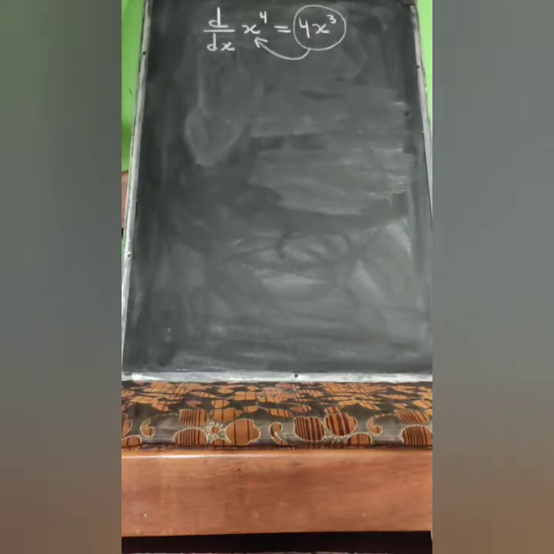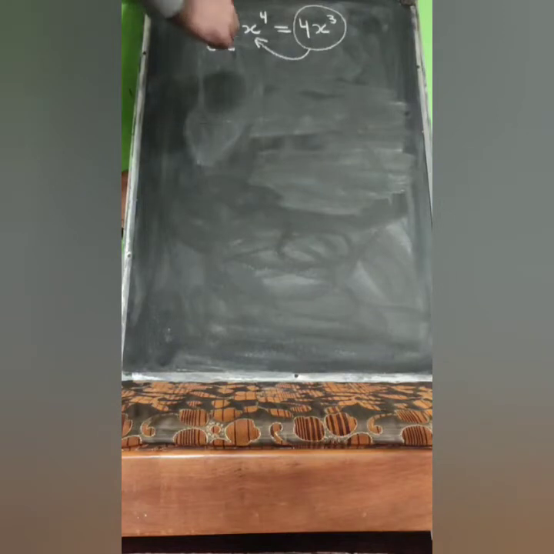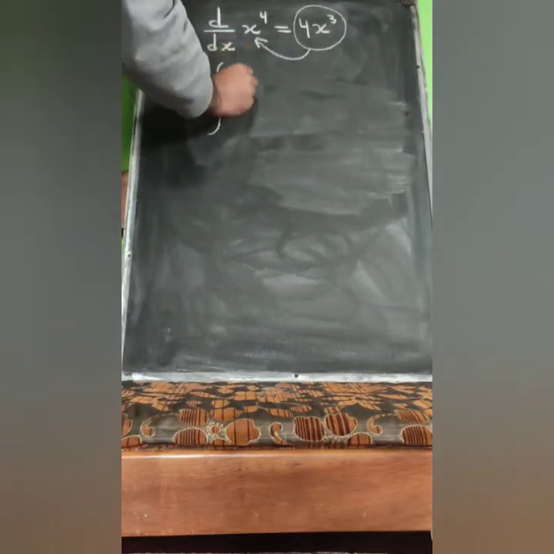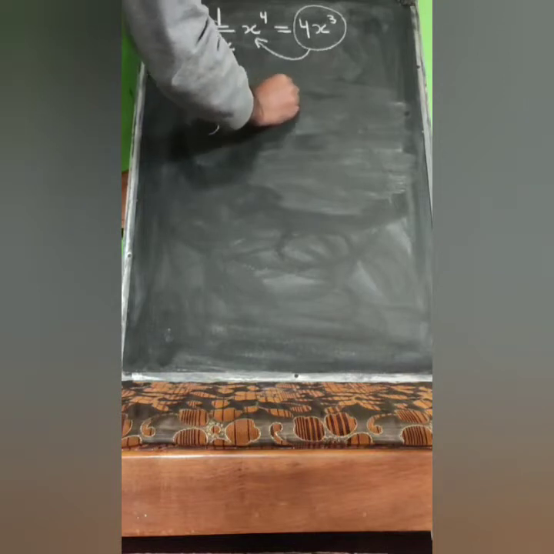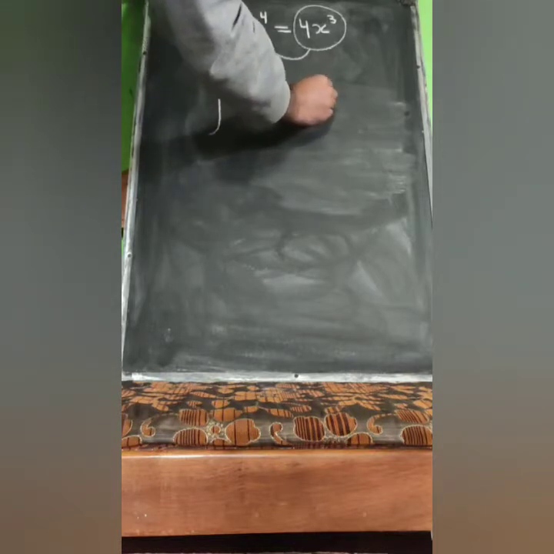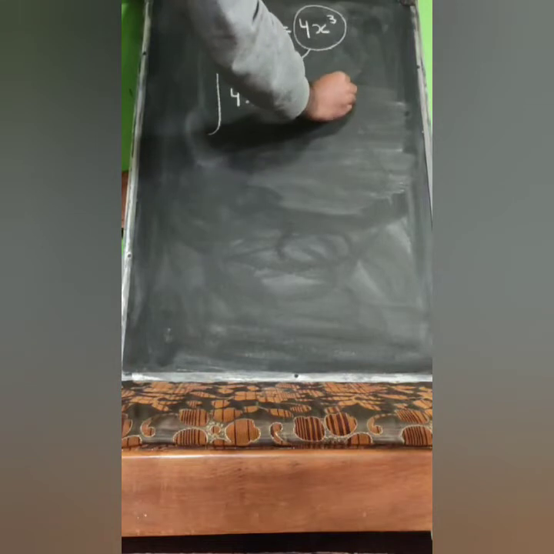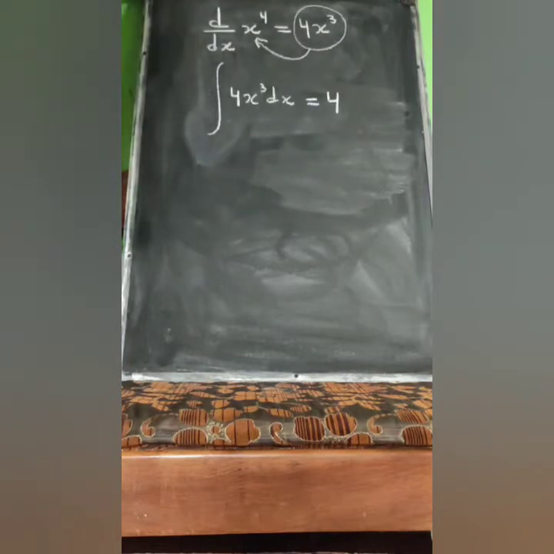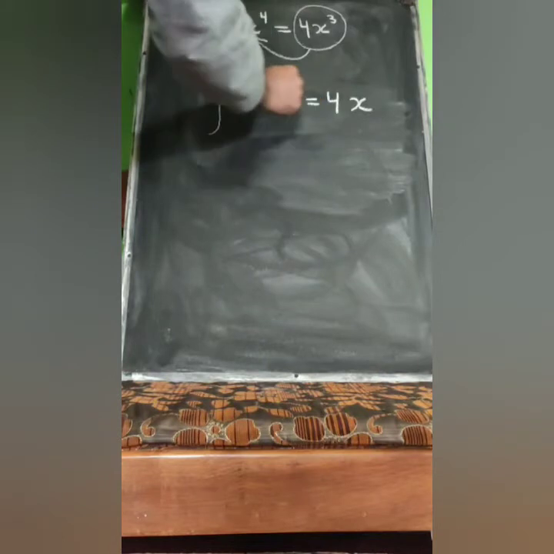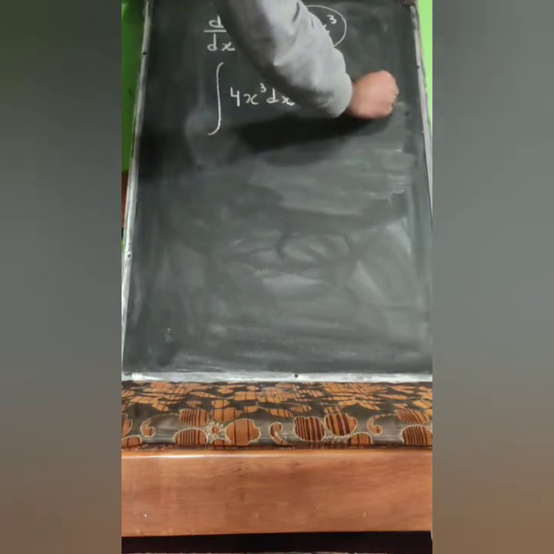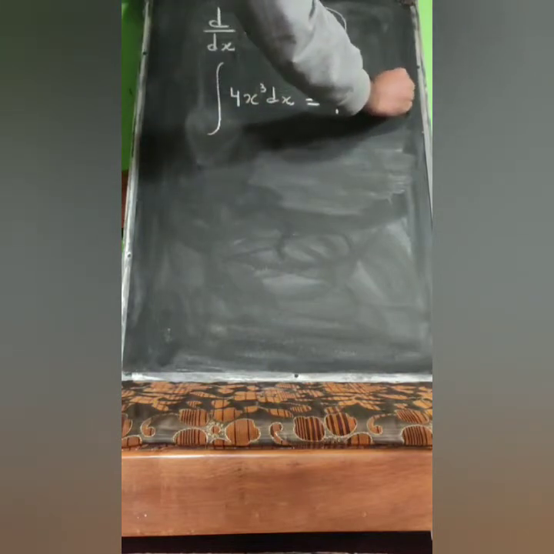Now for that, we will do reverse of this differentiation. Let's integrate 4x cube, that is equal to 4 is there. Now in differentiation, we have subtracted 1 from the exponent. Now in integration, we will add 1 to the exponent. That is the reverse process.